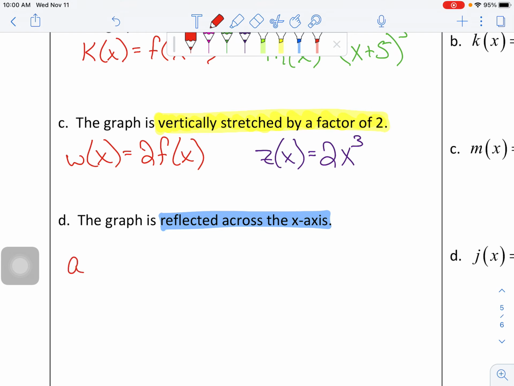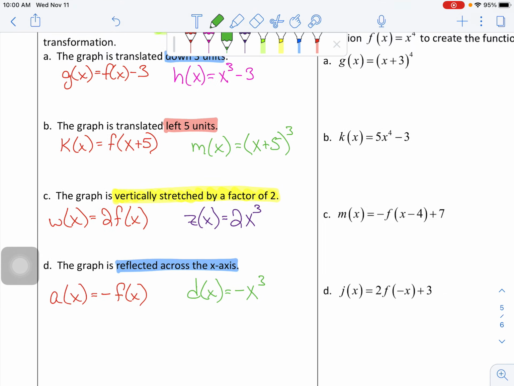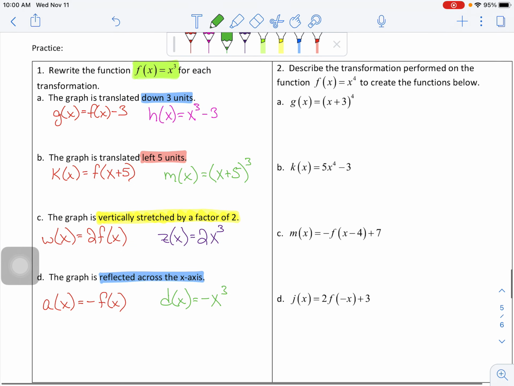So let's say we've got a of x is equal to negative f of x, or we could write this as, let's go, d of x is equal to negative x cubed. All right, so all of those are perfectly fine in terms of those transformations for the original f of x function, which was x cubed.